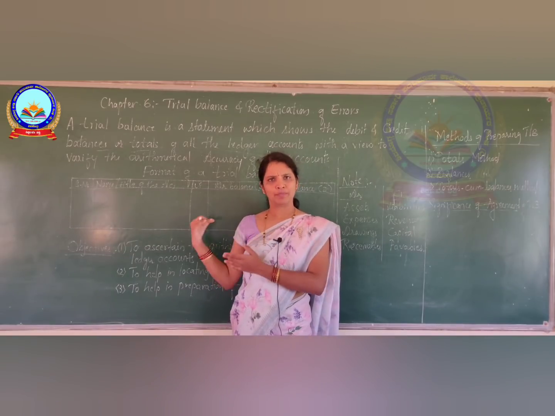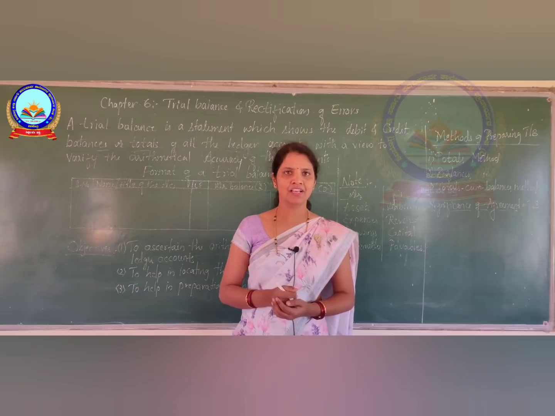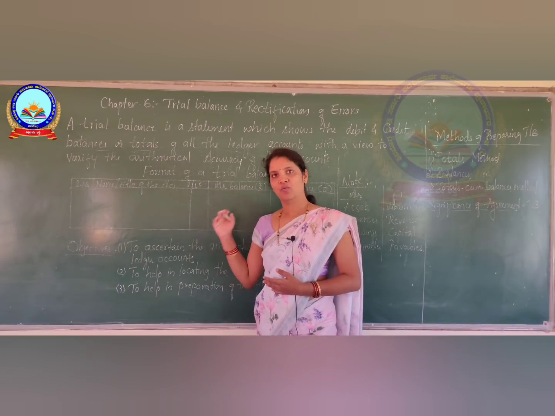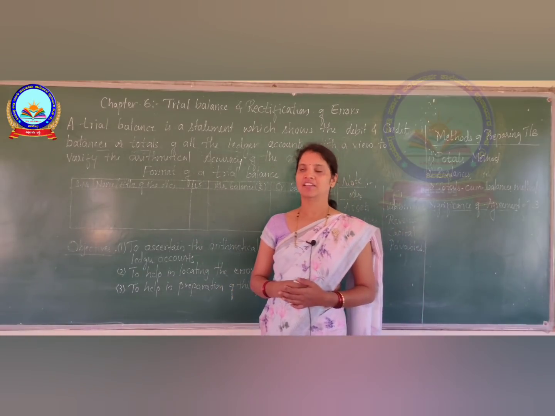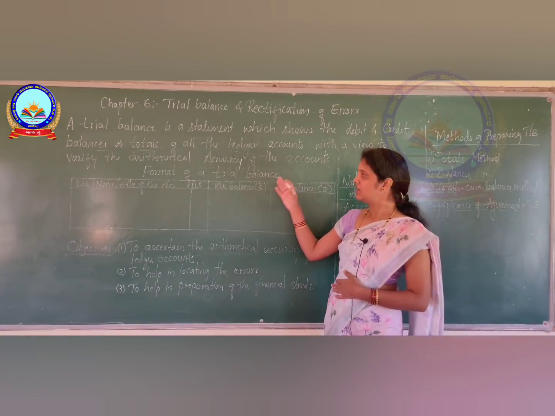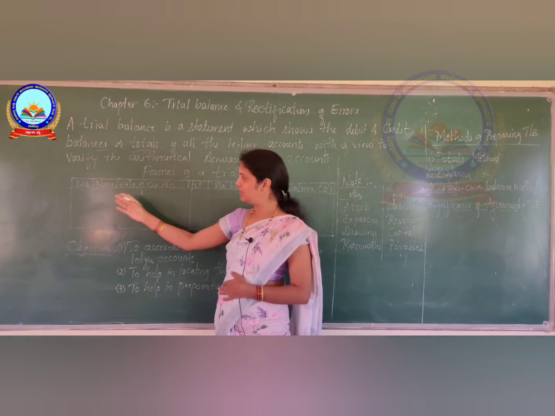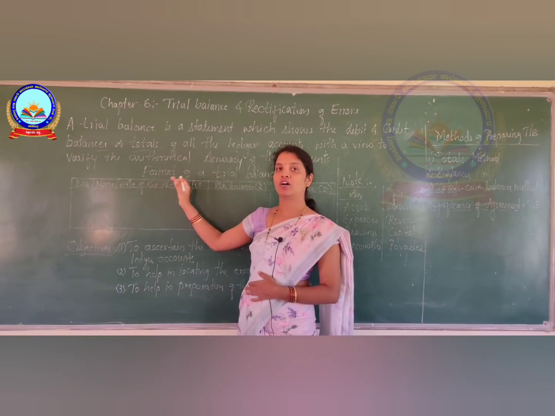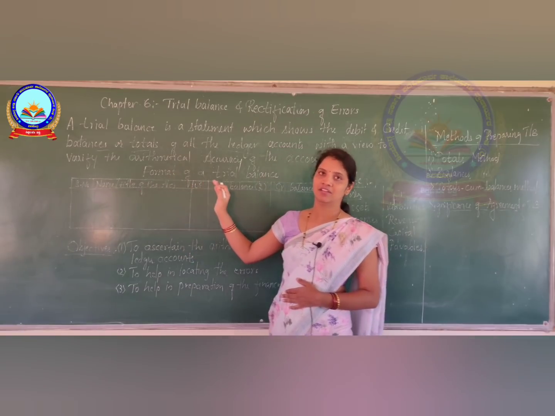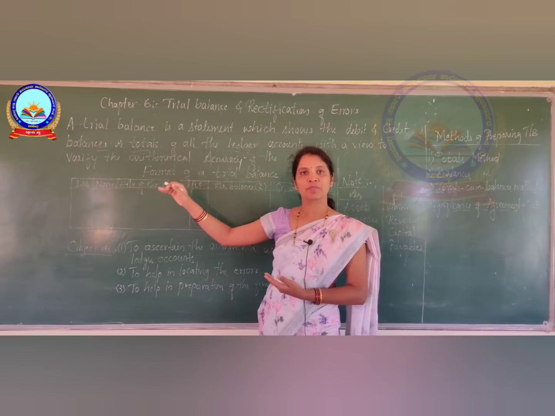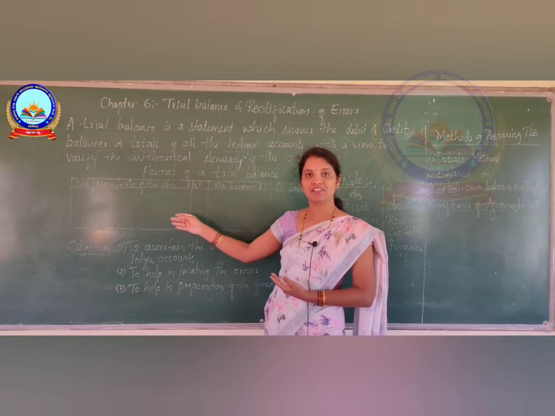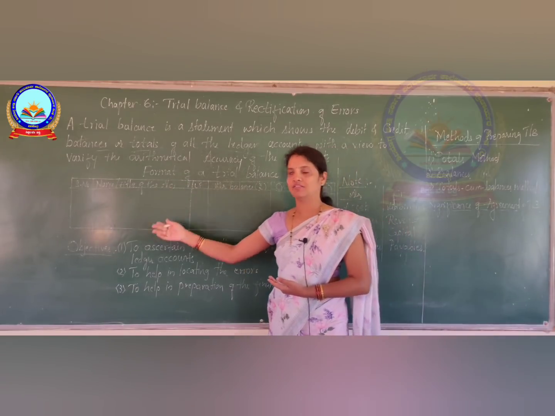Then the task of preparation of trial balance is also very simple and easy. Now, what is the format of trial balance? This is the format. First column, serial number. Second column, name or title of the accounts, like capital account, purchases account, sales account, debtors account, creditors account, and so on.